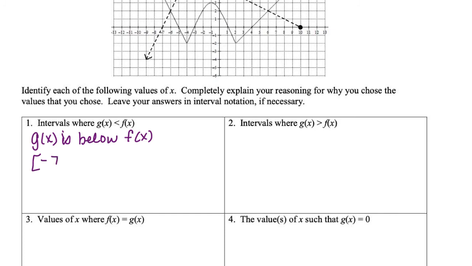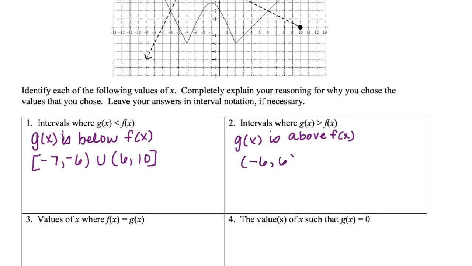That's going to be from -7 to -6, and then union 6 to 10. Okay, the next one, you're talking about where g of x is greater than f of x. So that's where g of x is above f of x graphically. And so for that, then that interval is going to be from -6 to 6.